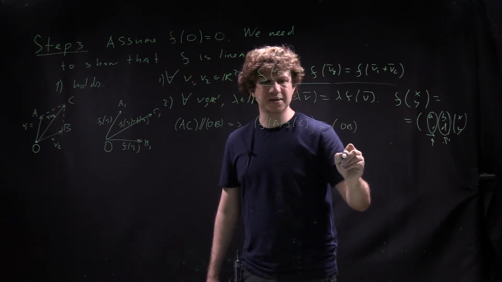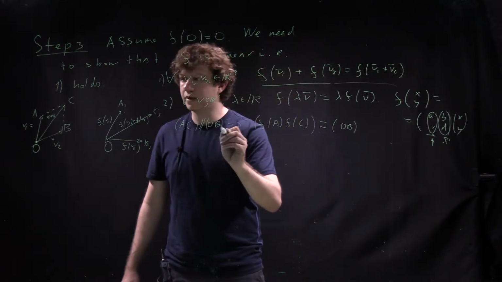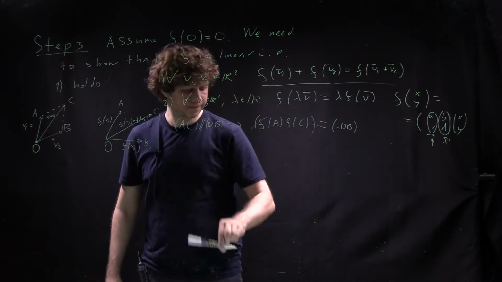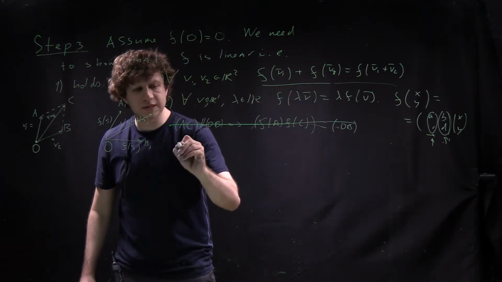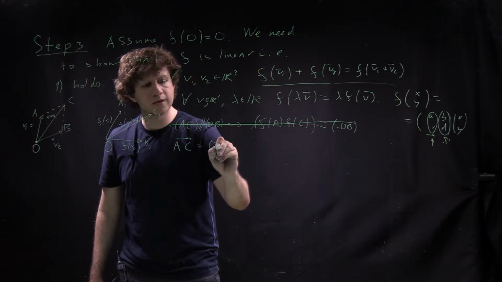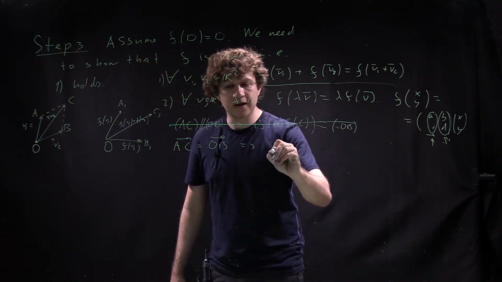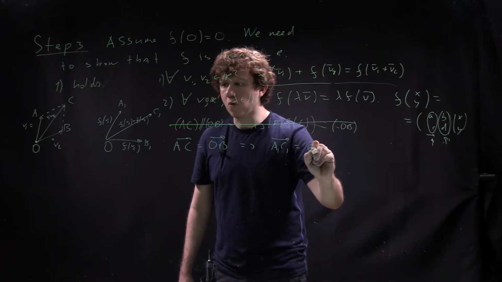Actually, even the vectors are equal, so let's just say, sorry, it's easier to say: just notice that vector AC is equal to vector OB, and so this implies that vector A1C1 is equal to vector OB1.